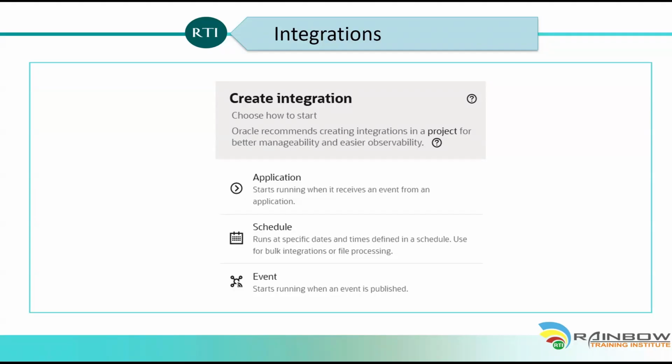Then automatically, internally, this will trigger your integration and do the job of creating the orders, the invoices, and the receipts. Understand? So that's one classic example of application type integration.